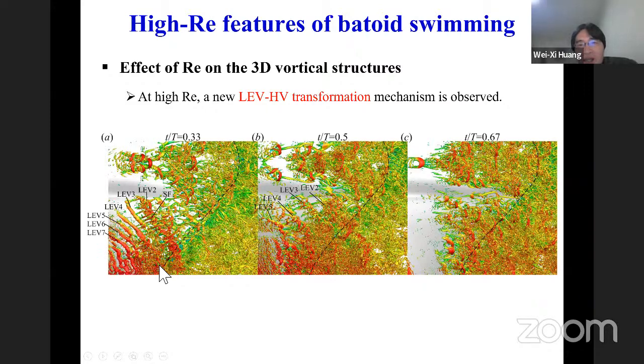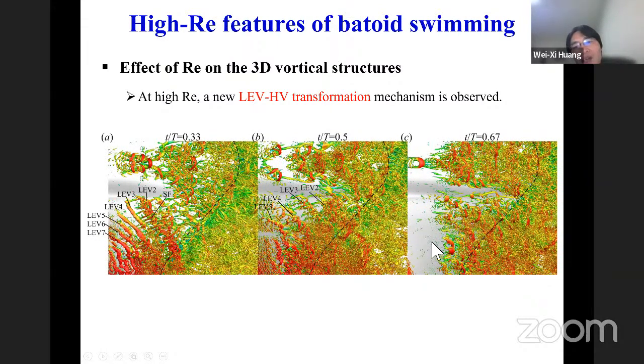the destabilization process of the span-wise vortices. One leading edge vortex becomes multiple helical vortical structures, and then a forest of helical vortical structures.